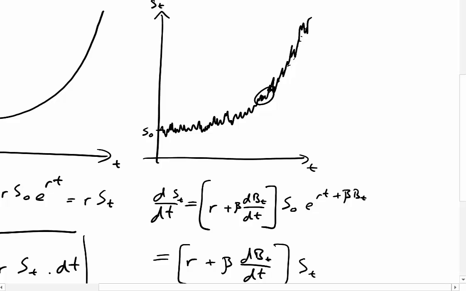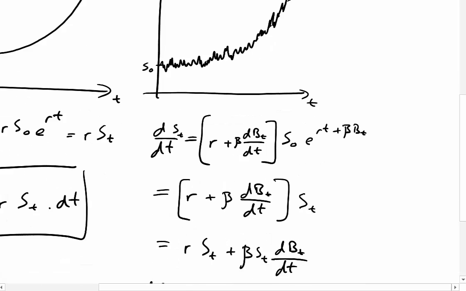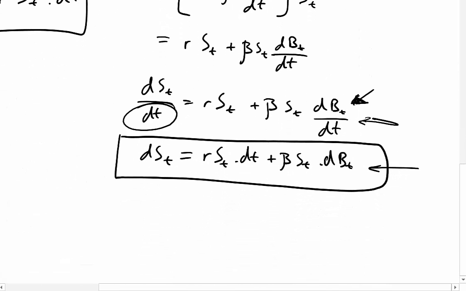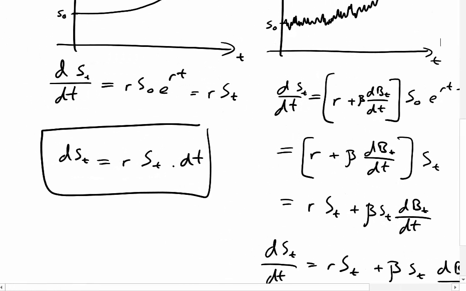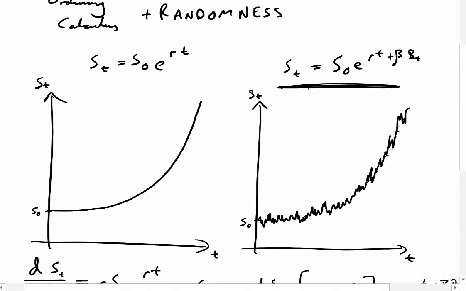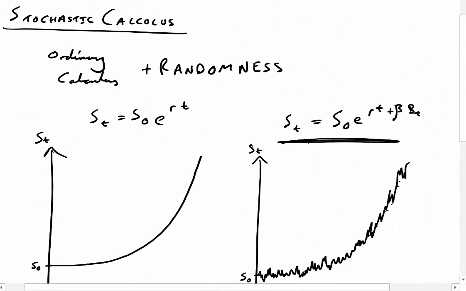Basically, if we zoom in on it an infinite amount of times, it's still going to be jagged. So we can't differentiate jaggedness. It doesn't go straight. So hopefully that makes a bit of sense. I've introduced the difference between ordinary calculus and the reason why we want to use stochastic calculus.